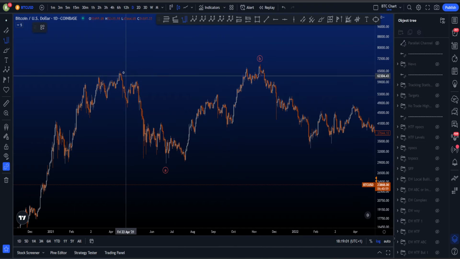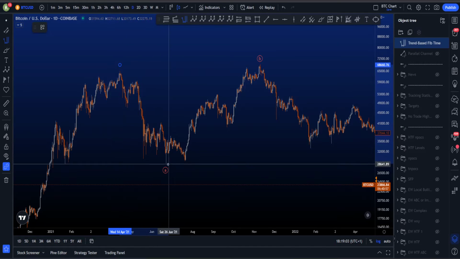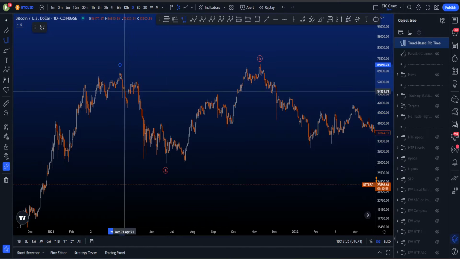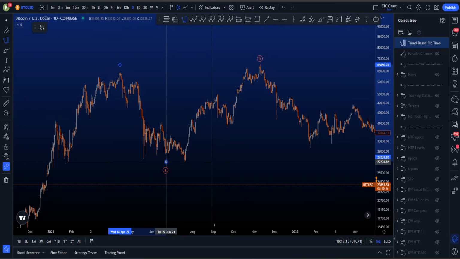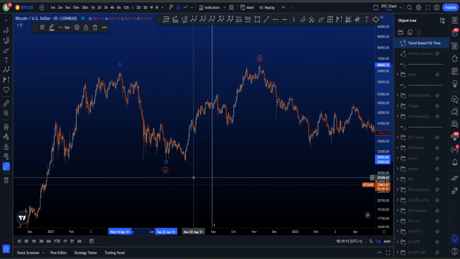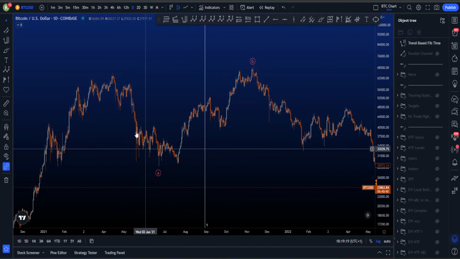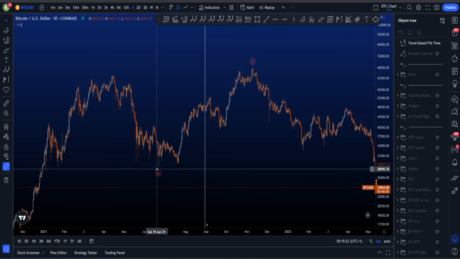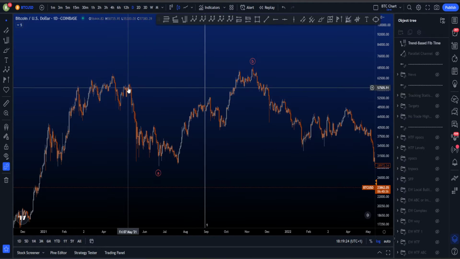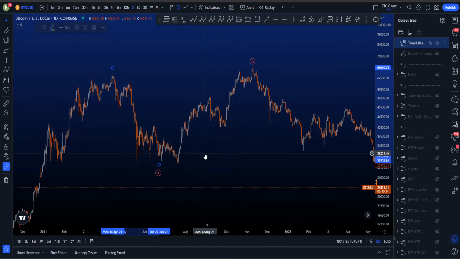So if we take the Fib time tool, which is actually an important tool in Elliott waves, we put it from the beginning of A, which is the high at 64.5K. We move to the low of A over here, and then we double click over here. You see that the 1-to-1 of the length of A is over here.